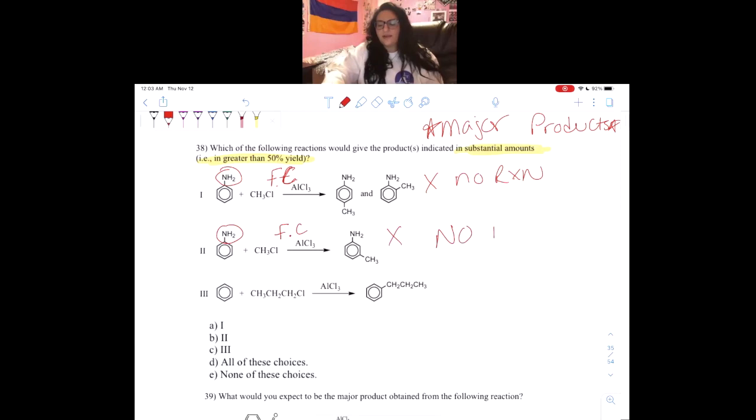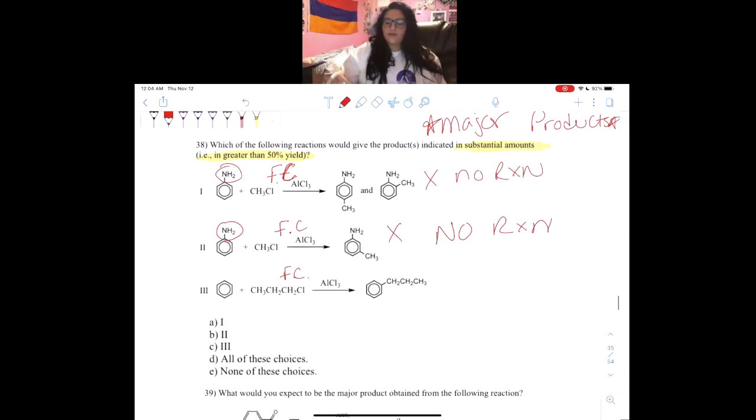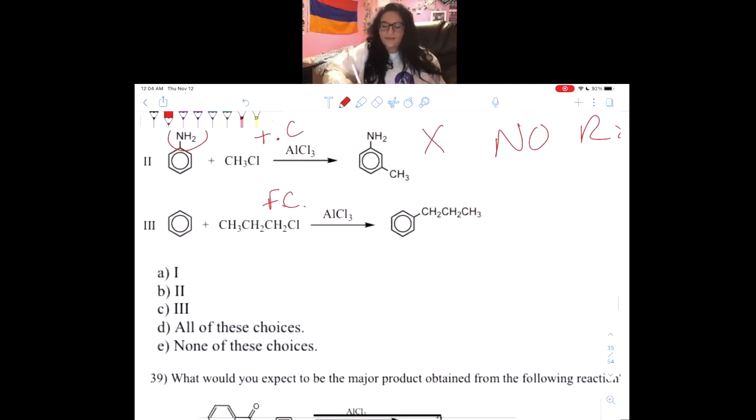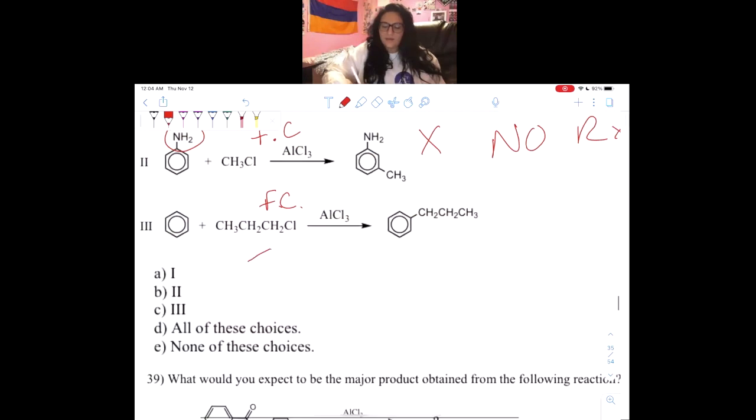No reaction. Now, this last one, students will say, cool, that one works because it's a Friedel-Crafts and there's nothing on the benzene ring. But one thing I want you to note is that this is the alkyl halide we have, and it's going to turn into this carbocation.